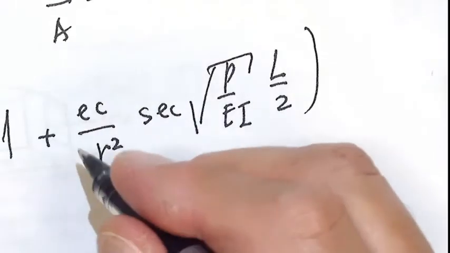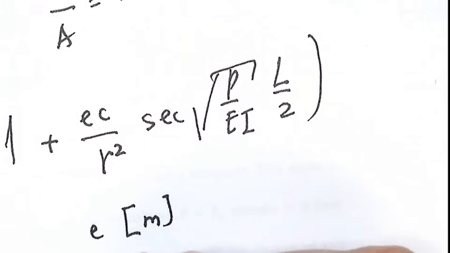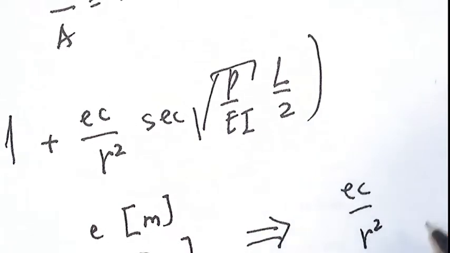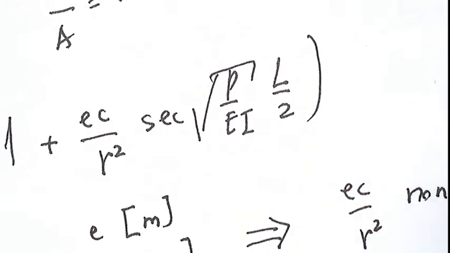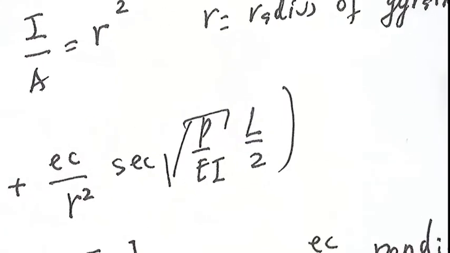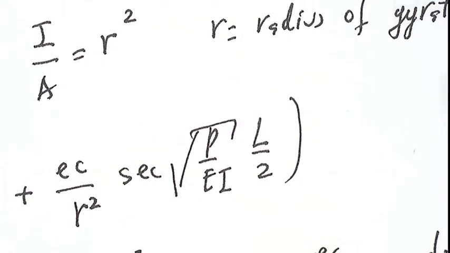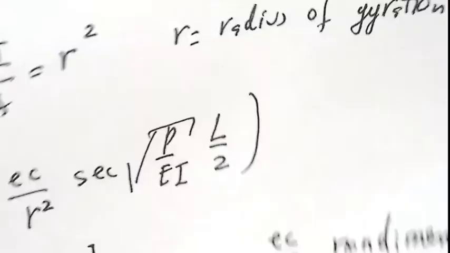Pay attention: e, c, and r are all measured in meters, so e c over r squared is non-dimensional.